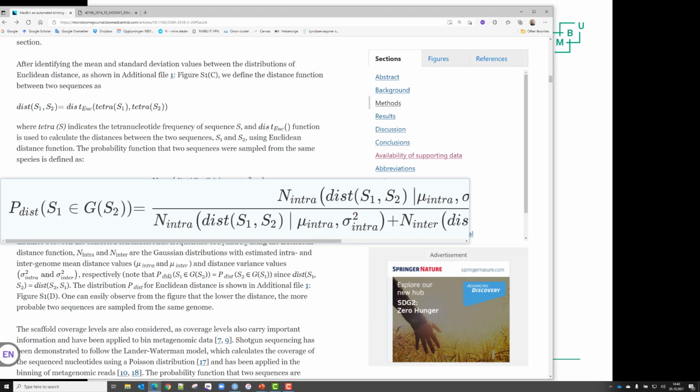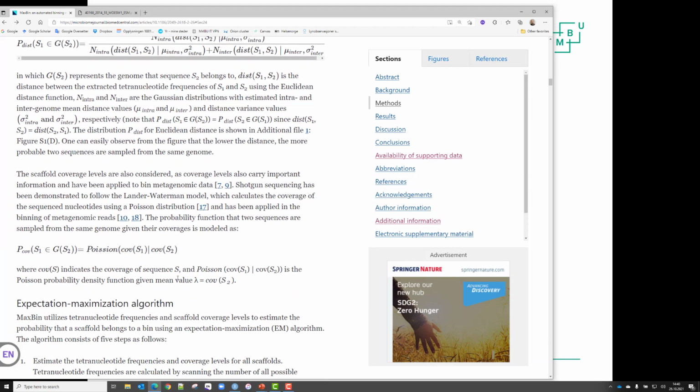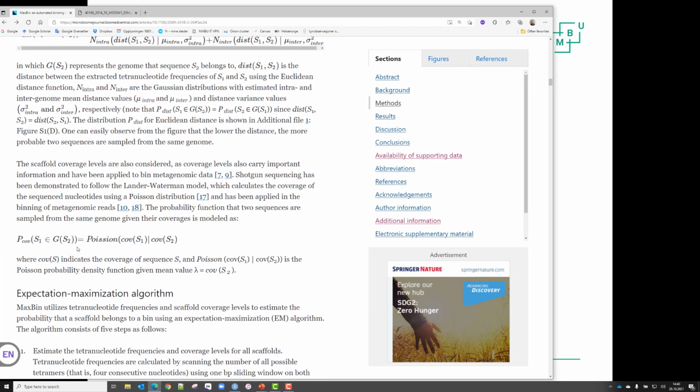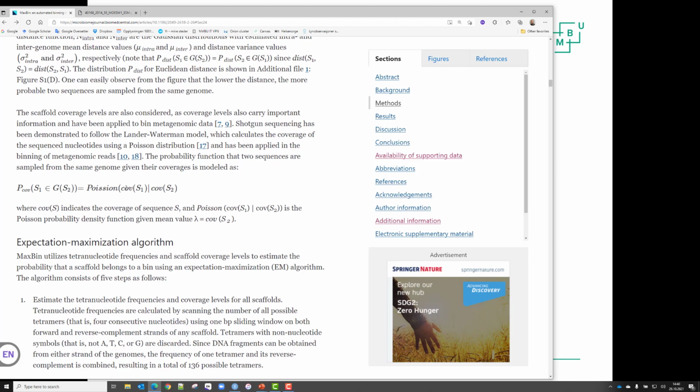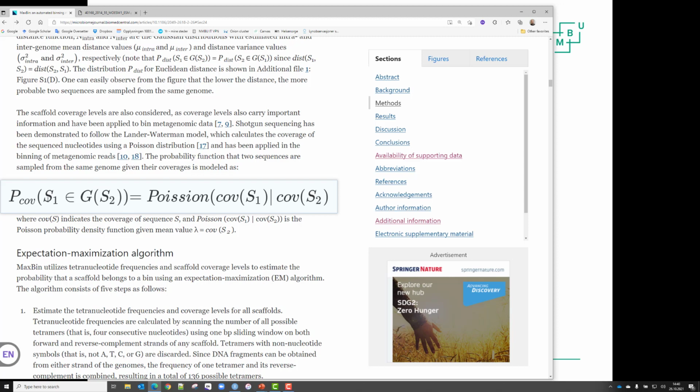That's slightly different. Let's go back, and here we have the formula for coverage. And then they say we use directly the Poisson distribution. Notice the same sort of expression here, right? But now it's the probability of the two contigs being from the same genome based on coverage.